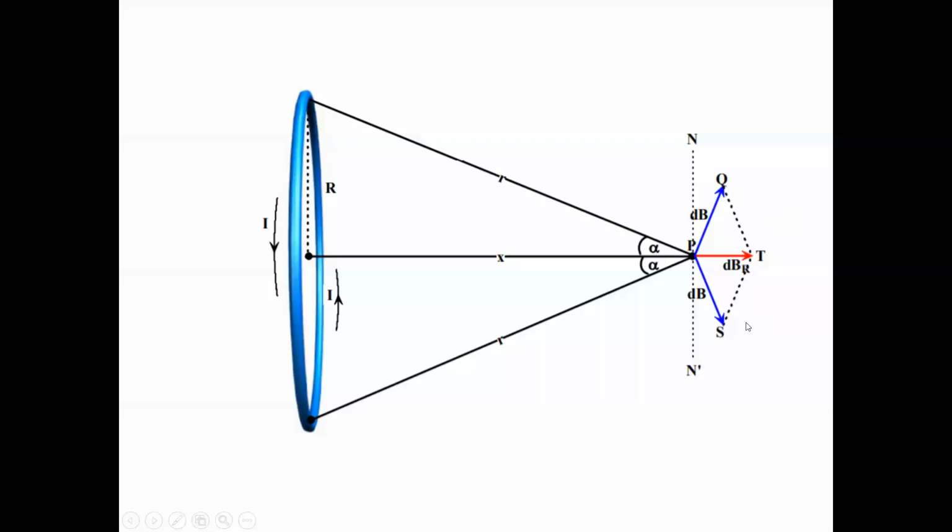Now, the resultant magnetic field intensity at the point P is along the direction PT. The resultant value is represented by dBr, so we have to find the value of dBr here.